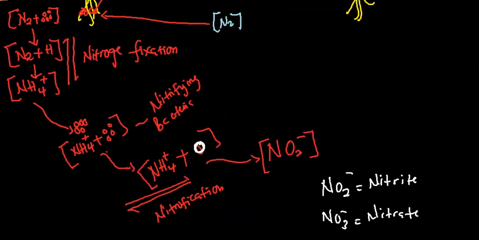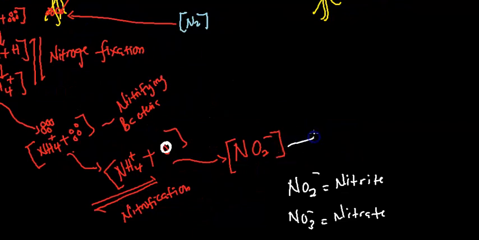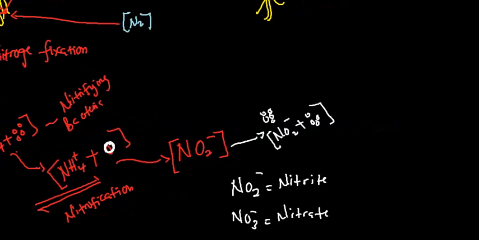And the same nitrite also travels and meets some other additional bacteria. Let's say this is nitrite, and it meets some other additional bacteria. What happens? It forms nitrate from nitrite. This is going to be NO3 minus.